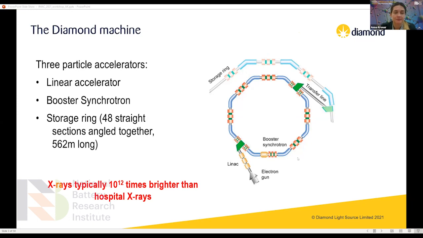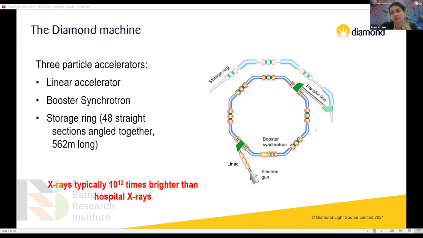So just coming back to my slides. Diamond's machines are divided into 3 particle accelerators: the LINAC, the booster, and the storage ring. First, the electrons are ejected from the electron gun into the LINAC. Once they reach the energy of 100 mega electron volts, the electron bunch is transferred into the booster synchrotron, and the curved path is defined by the dipole bending magnets.